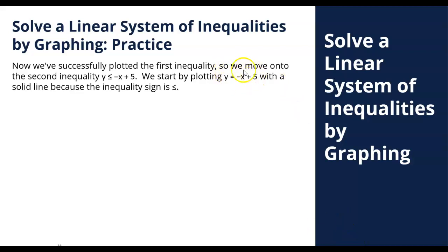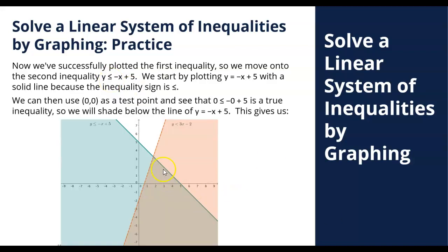Once we plot that line, we will use a solid line because we have an equality symbol here. So this solid line, the green one, is the graph of y equals negative x plus 5.